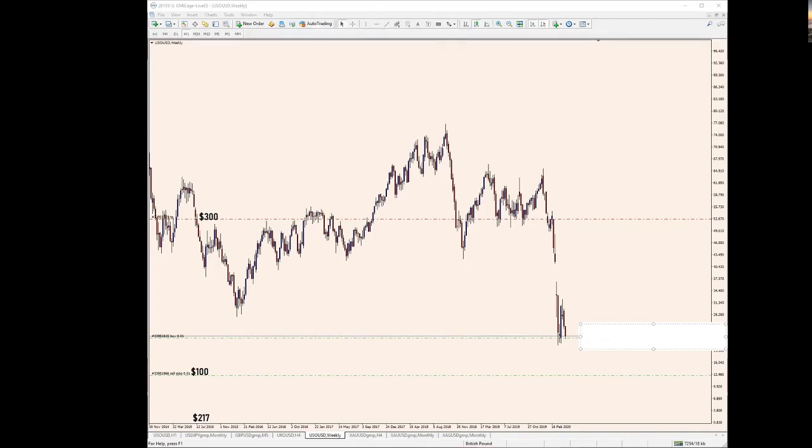They buy 0.01 at every $1. Let's buy at $22, 0.01. And they buy at $21, 0.01, all the way down to 0.